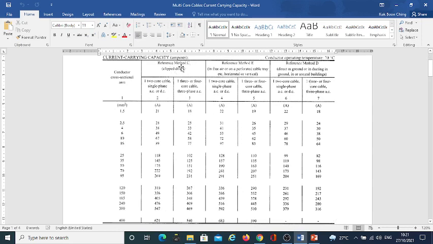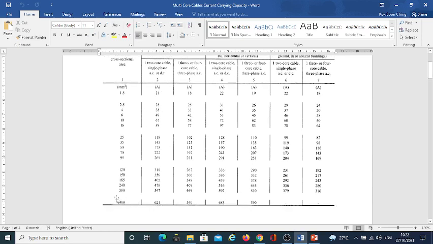The first column is method C, the second column is method E, and the final one is method D. Method C is clipped directly, that means you clip your power cables directly, with single phase and 3-phase. For 3 core or 4 core, if you have RYB plus the neutral, that means you have a 4 core, and you can use this column. If you are using single phase 2 core only, then you can use this column to find the current capacity.